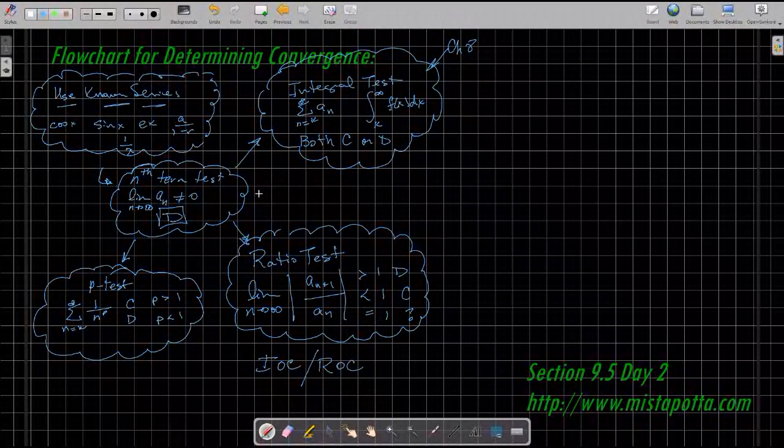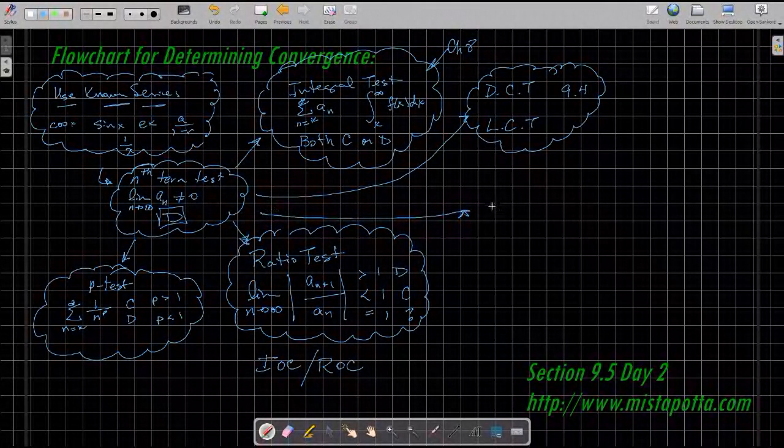But we also had a couple other tests that we've talked about. We talked about the direct comparison test. We also talked about the limit comparison test. And both of these we talked about in our section 9.4 videos, so you can take a look at those too to see how those work. But the other one that we added today was the alternating series test.